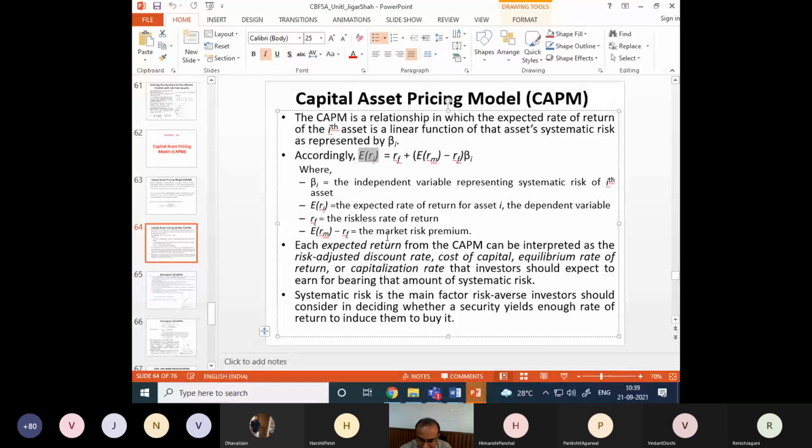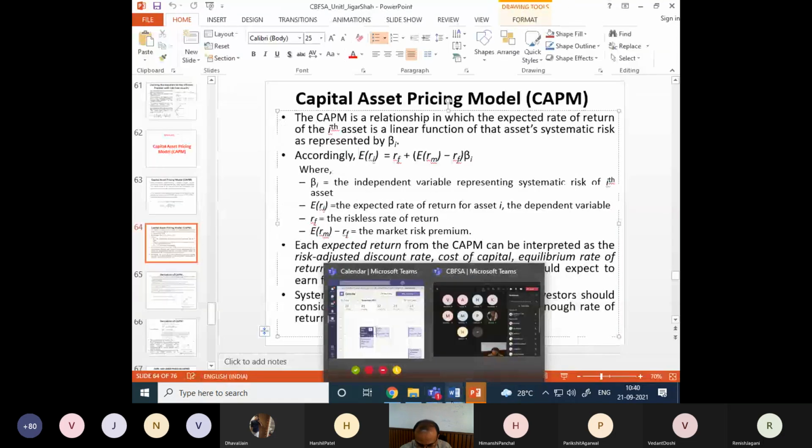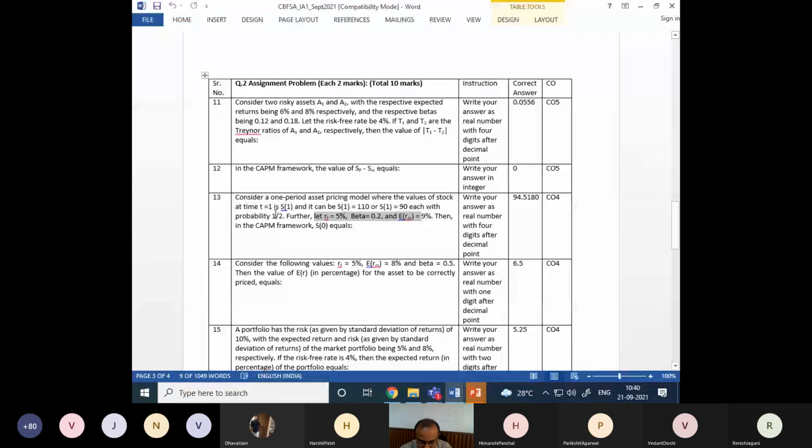So you can find the return. It is S1 minus S0 divided by S0, and compare it with E of Ri. Now one thing is known, that is what? The S1 is known, so you can calculate S0. Only one unknown is there.